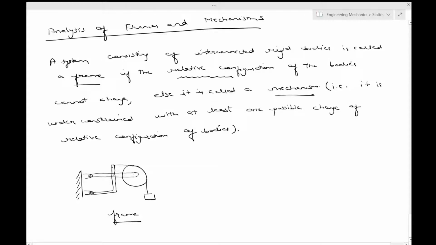On the other hand, if I show you something like this, so you have this body 3, body 2, body 1, mx like this, omega is like this.